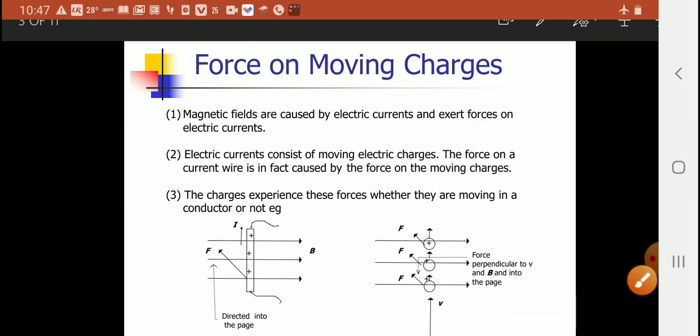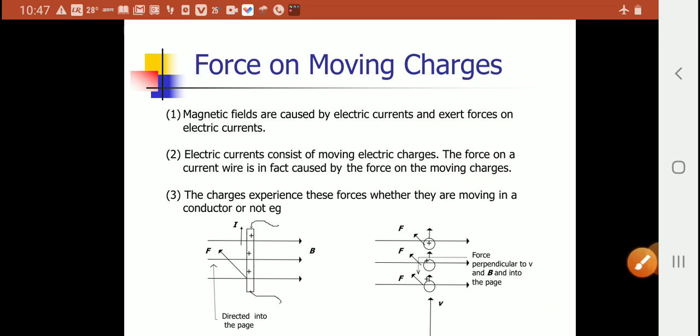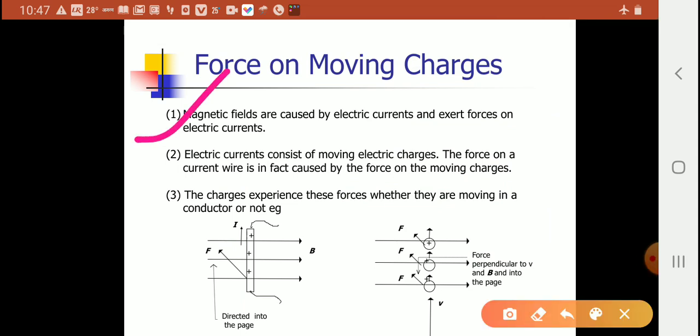So these are basically the forces on a moving charge. First is the magnetic field, and second is the electrical current, and the charge experiences these forces, right?